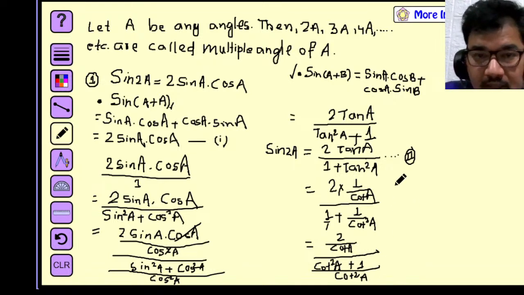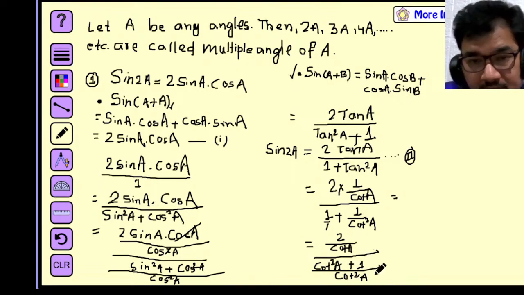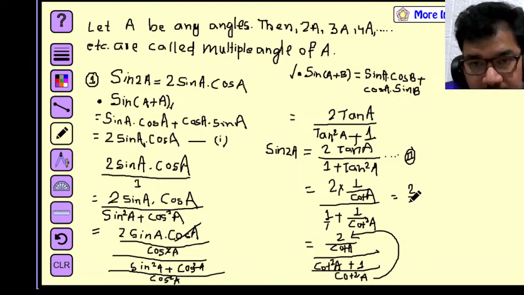We know that after this, the reciprocal will multiply with 2, and it will be 2 by cot A. This will multiply, and cot square A comes out, and it is given there as 1 plus cot square A.